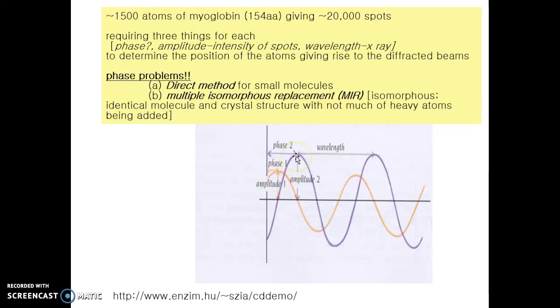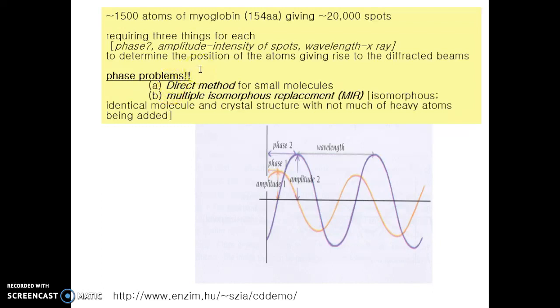Two radiations are different in terms of phase. Right? Initially starting here for the yellow, positioned here, but the pink is positioned here. They are different in phase. So how can we determine the phase? It's not easy to determine.